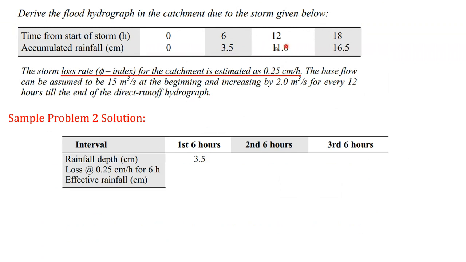And then for the second 6 hours, at the 12-hour mark, naging 11. So ibig sabihin, ano yung rainfall depth na dagdag? So minus mo lang, 11 minus 3.5. So the answer is 7.5. So ibig sabihin, 7.5 cm yung nadagdag na rainfall depth after 12 hours.